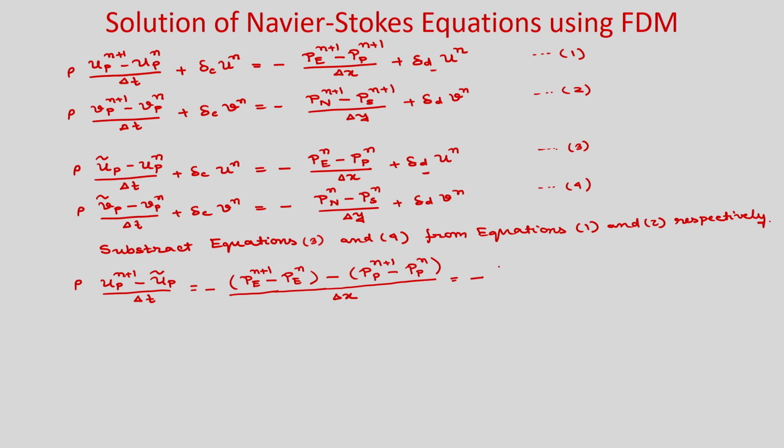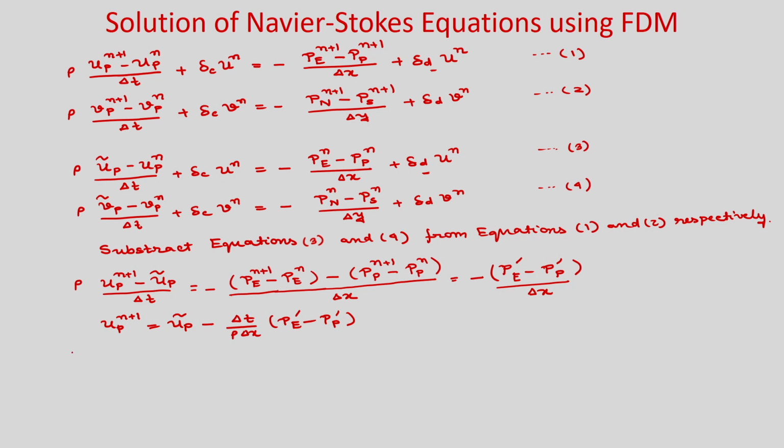So, you can write minus (P_E prime minus P_P prime) divided by delta x. And so, you can write now u_P^(n+1) is equal to u_P tilde minus (delta t by rho delta x)(P_E prime minus P_P prime).